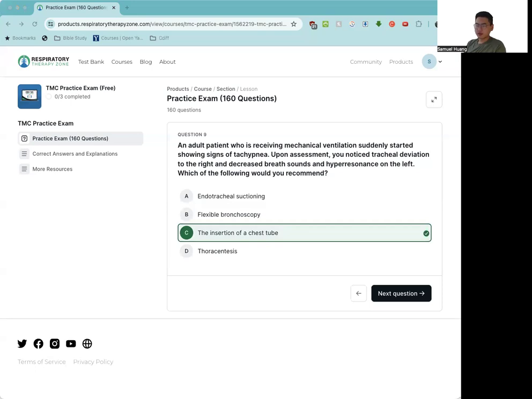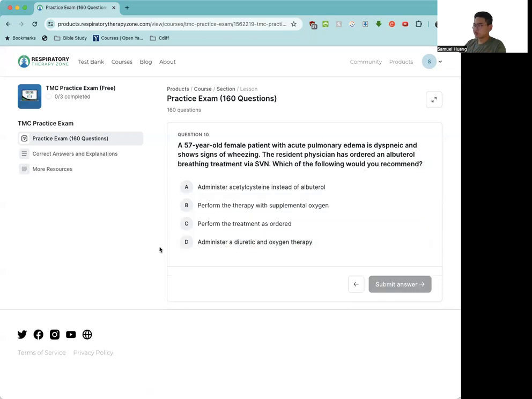So basically, this is clearly indicating a tension pneumothorax. You have tracheal deviation away from the affected side, and on the affected side you'll have no breath sounds and hyperresonance. I think that was the key giveaway here.